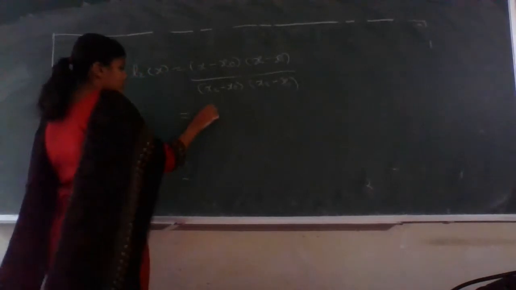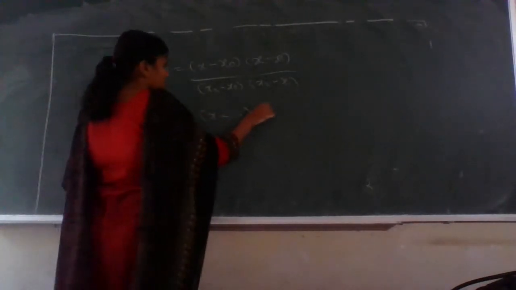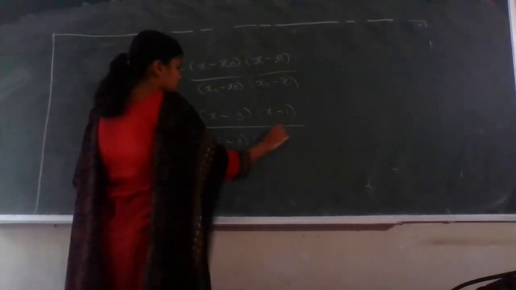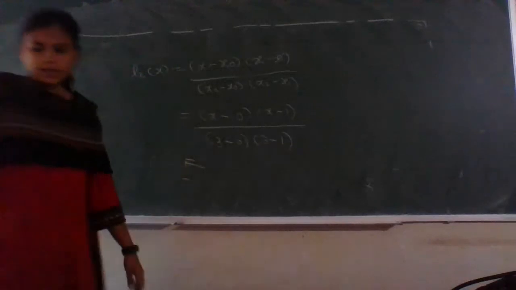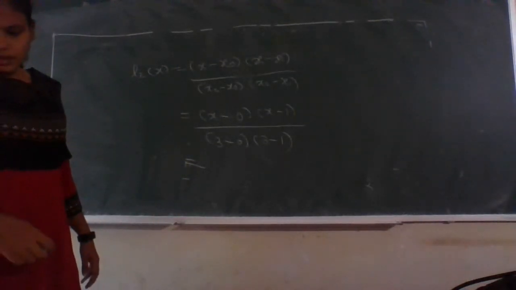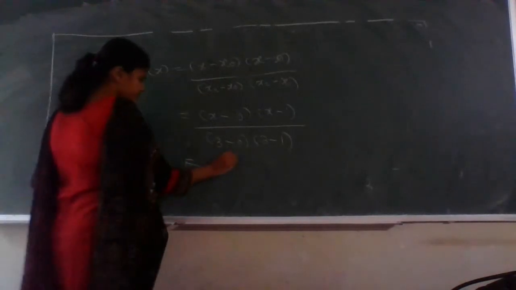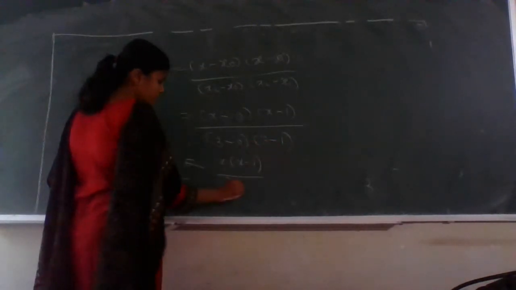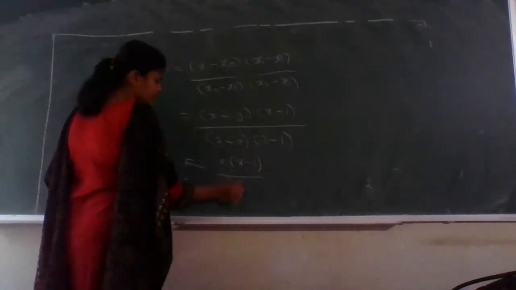Here x minus x0 is x minus 0, x minus x1 is x minus 1, and x2 is 3, so 3 minus 0 and 3 minus 1. So the value is x into x minus 1 divided by 3 into 2, which is 6.